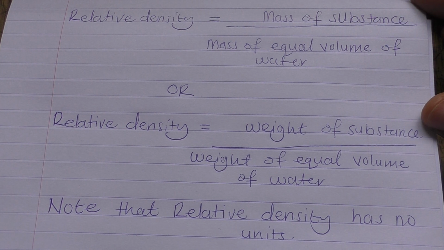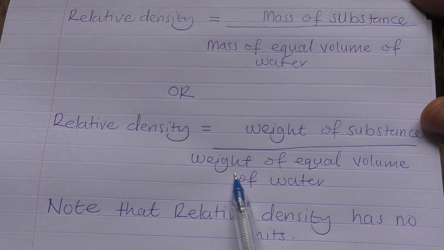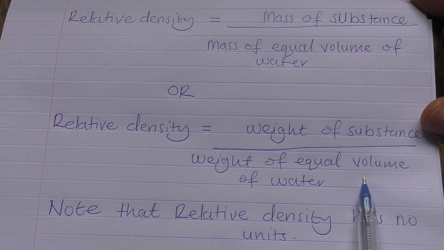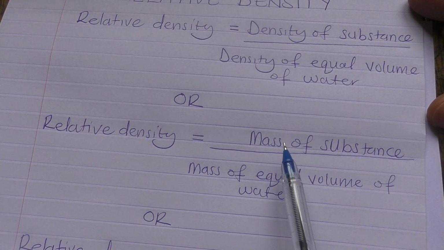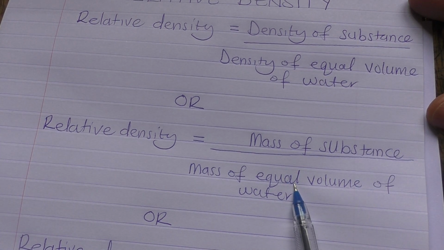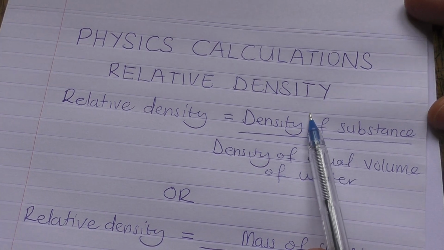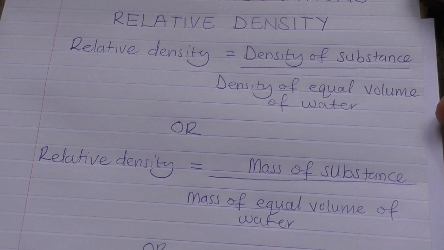Let's assume weight of substance is in newtons, over weight of equal volume of water, which is also in newtons. So the newtons cancel out. Similarly, the same applies to mass: kilograms over kilograms cancels out. The same applies to density. That's why we have it with no units.